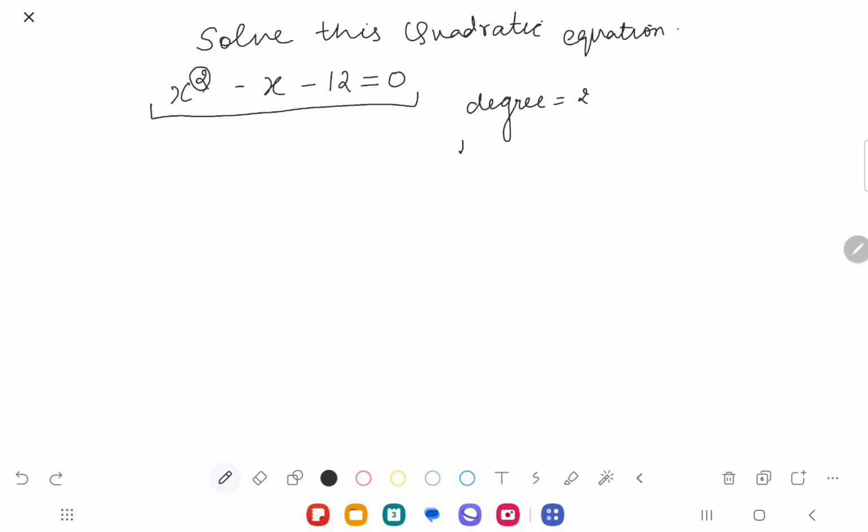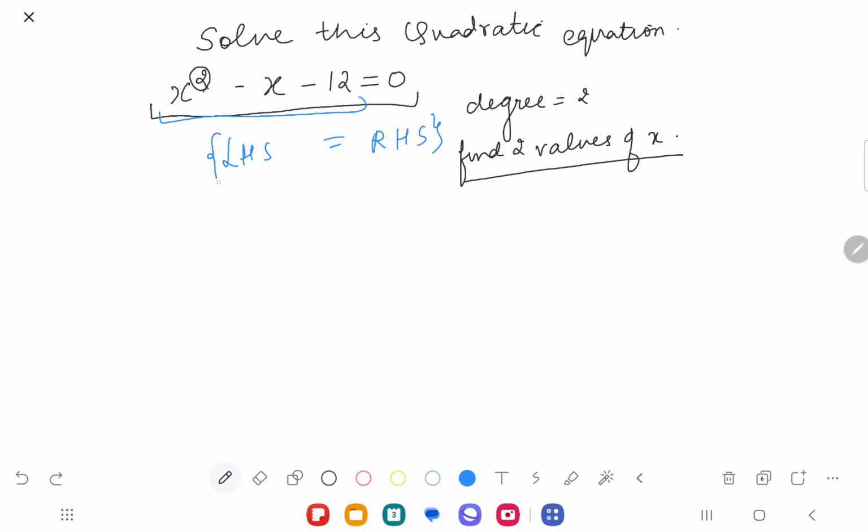That means I will find two values of x which will actually make LHS equal to RHS. And what shall be those two values of x? Just tell me. So how am I supposed to do that? That's the challenge now. How would I do this now?